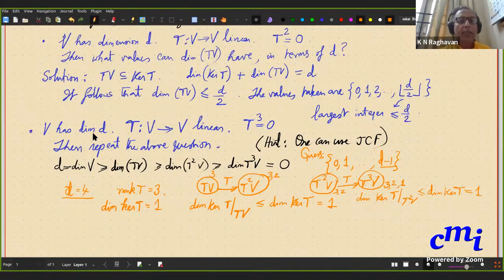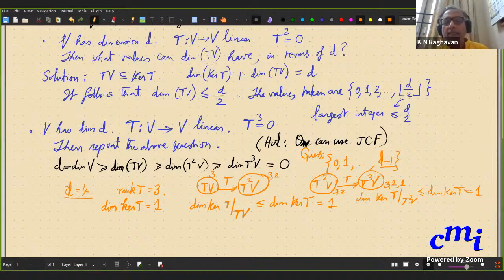Say V has dimension 100 and T to the 50 is 0. Then what are the possibilities for the dimensions of T of V, T squared of V, T cubed of V, etc.? You'll have to do this analysis repeatedly. It looks a bit complicated.